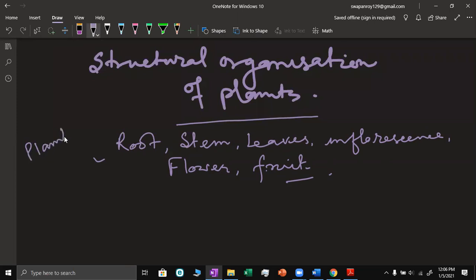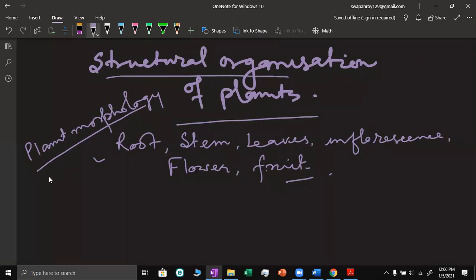Plant morphology, of course, the structural organization. In this, plant morphology as well as the anatomy portion comes, that is the external and internal.